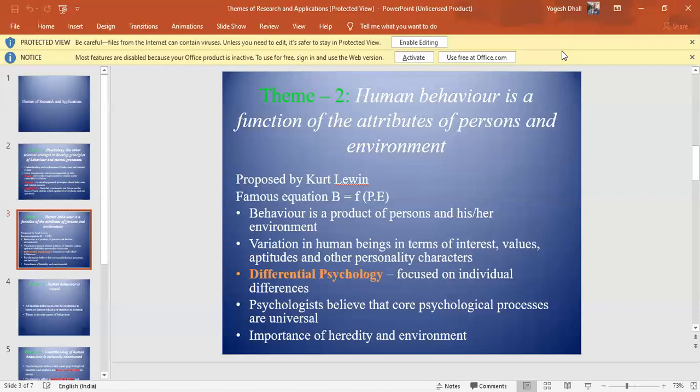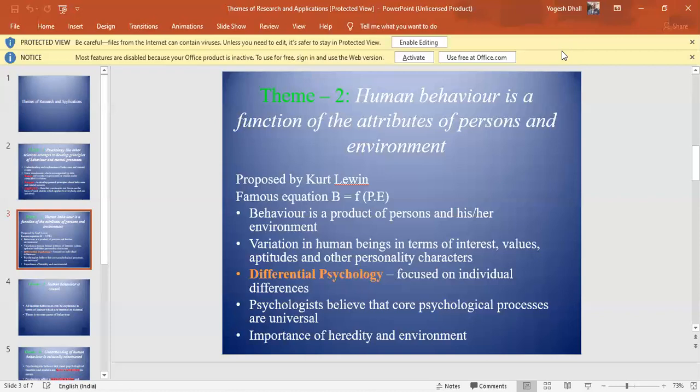And environment means we get influenced by the environment where we live. It means if we are obese and all the people living around us are health conscious, then automatically we also try to make ourselves like them. So environment also plays an important role in our behavior. Still, studies are going on whether environment or heredity affects our behavior more.